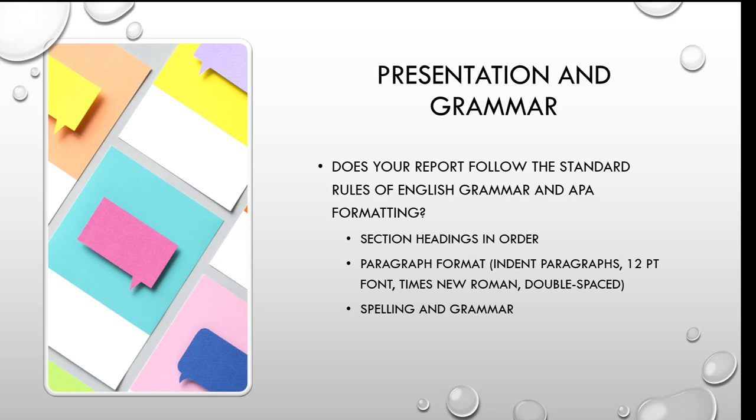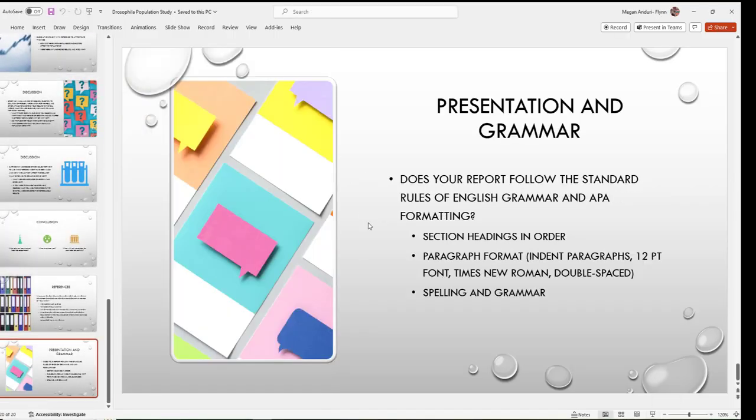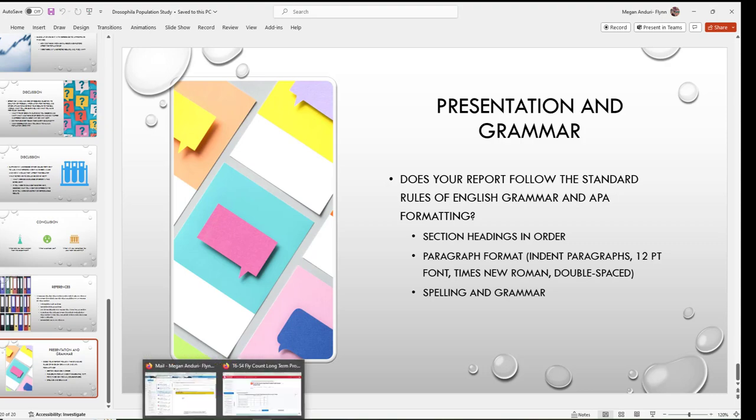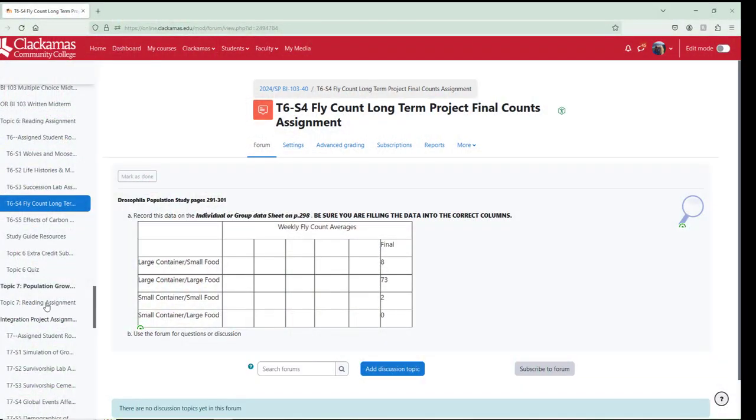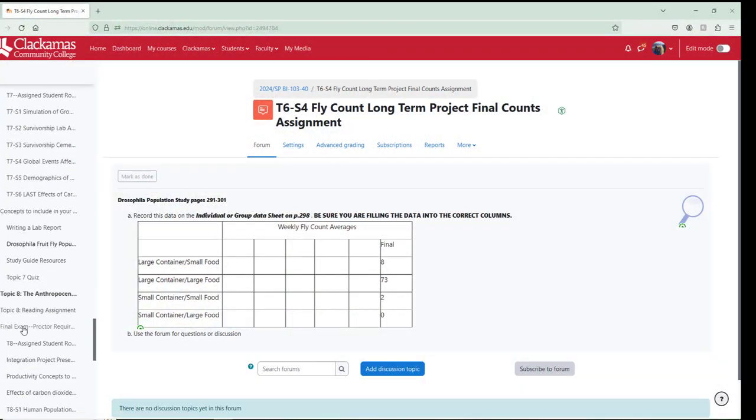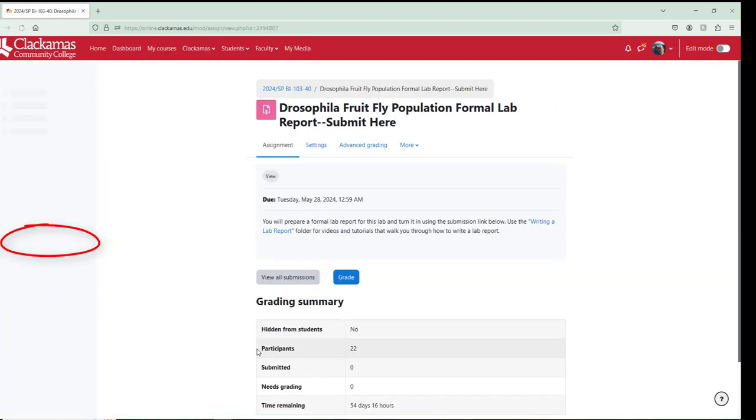So that is it for the lab report. So once you are ready to submit, don't forget to grade your lab report against the rubric. Okay, so if we go into where we submit it, you're going to submit it under our topic 7 heading.